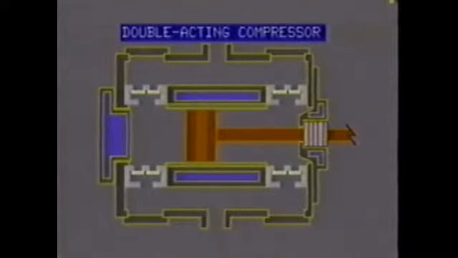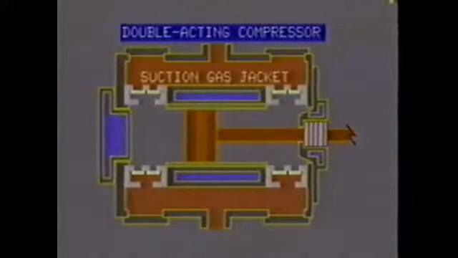Surrounding the cylinder, inside the compression unit housing, are gas jackets. Typically, the jacket is divided into top and bottom jackets. The top jacket is the suction gas jacket, which supplies gas to the cylinder. The discharge gas jacket on the bottom receives the compressed gas.